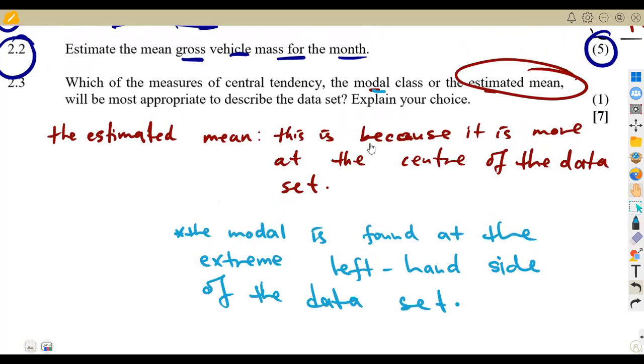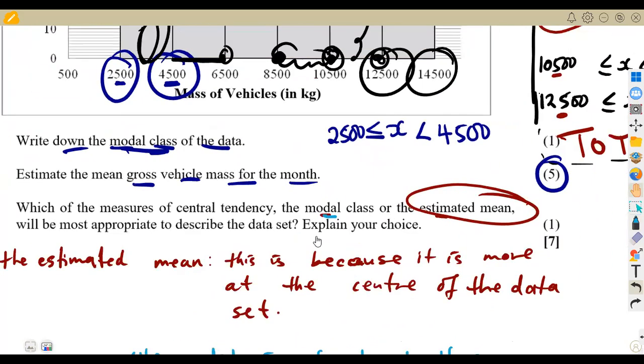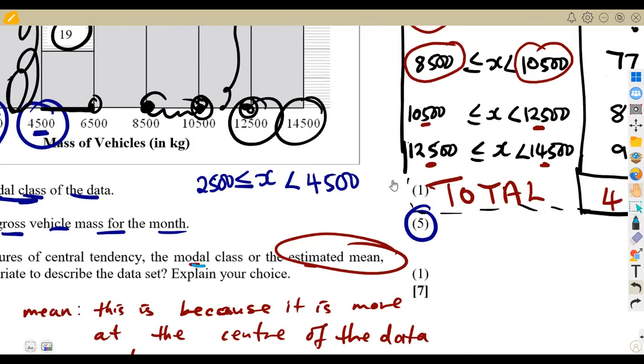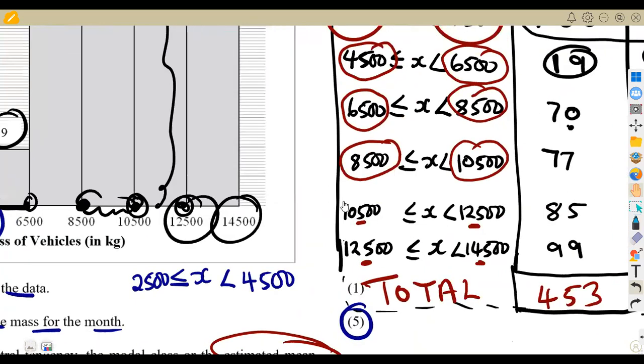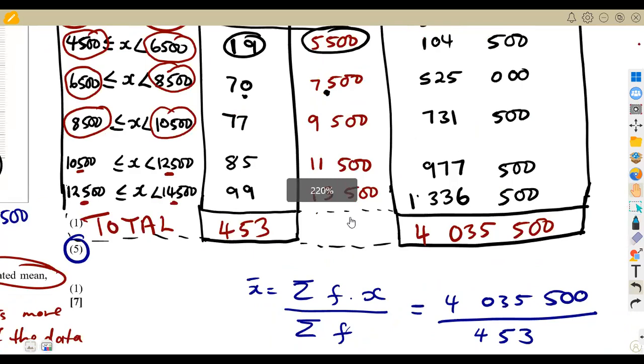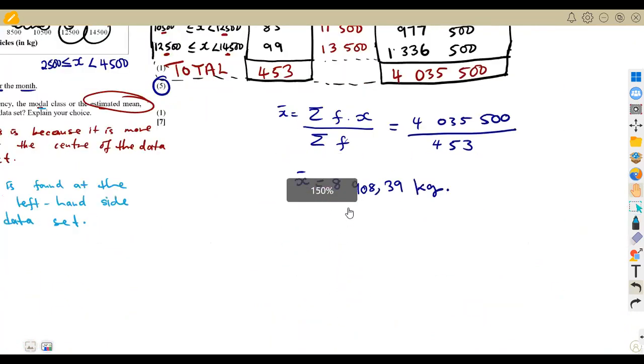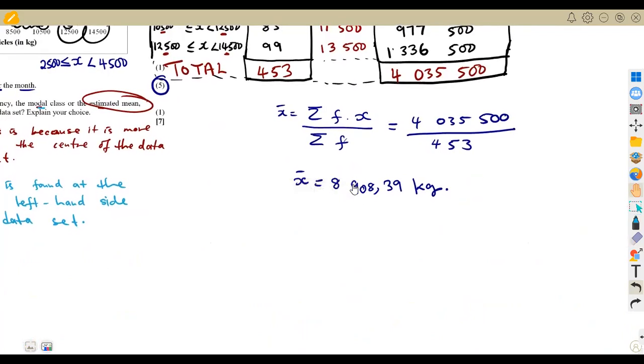I want you to see where that value is. Look at this value here. The mean that we have is 80.39, which is something reasonable.